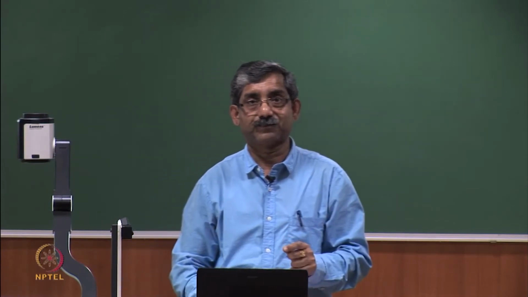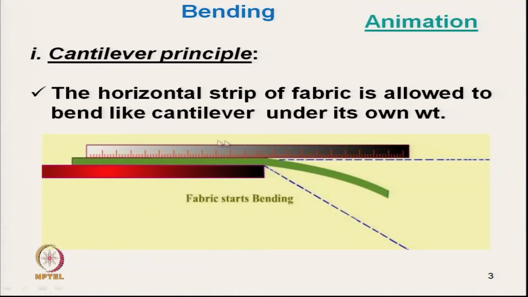So, this is the principle where the fabric, this green color, is a fabric sample and this is the platform. When we push the fabric it bends, and the tip point makes a certain specific angle with the horizontal, and from there we can calculate the bending characteristics of fabric.